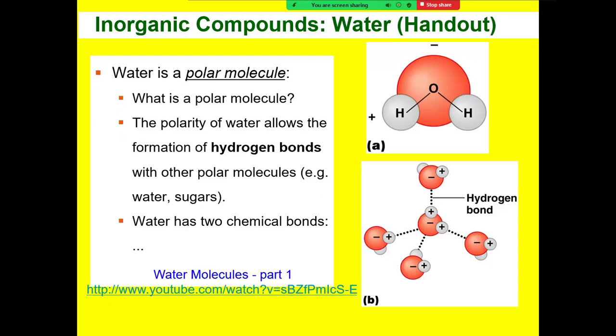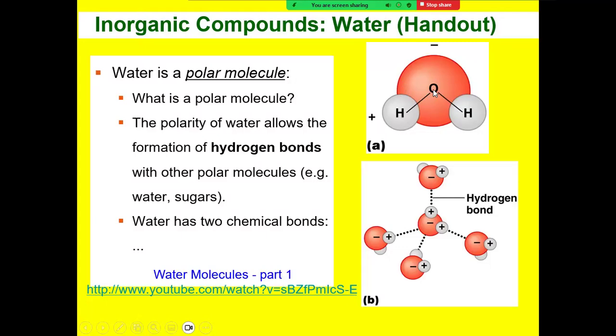Water is an extremely important molecule in life in general, as well as on the planet Earth. I imagine in the universe too, but water is a polar molecule. What is a polar molecule? A polar molecule is one held together by a chemical covalent bond holding the hydrogen to the oxygen, but the electrons in the chemical bond are not shared equally by the oxygen and the hydrogen.